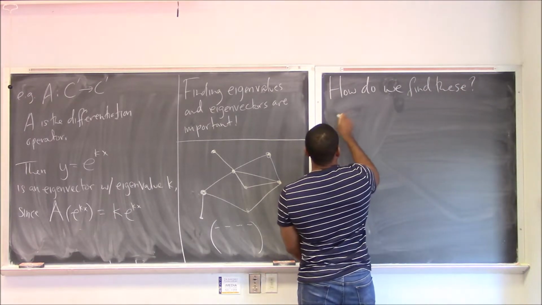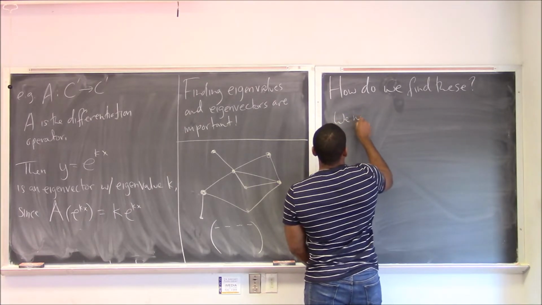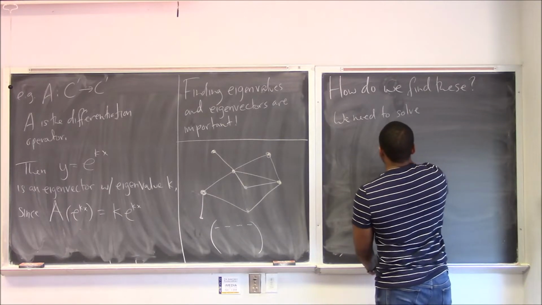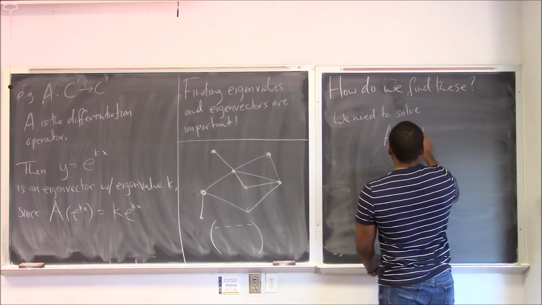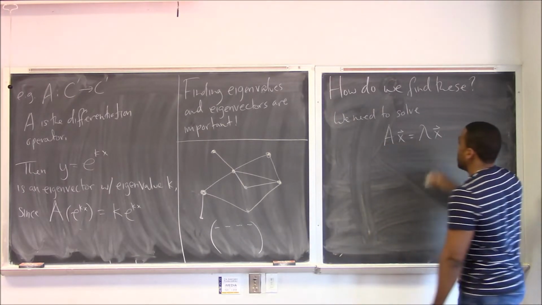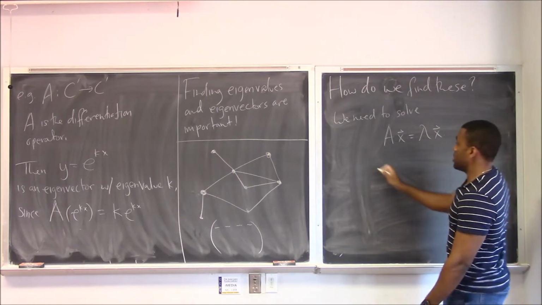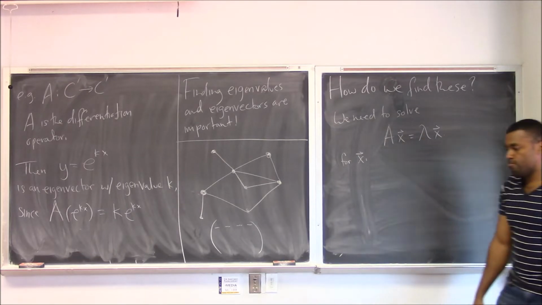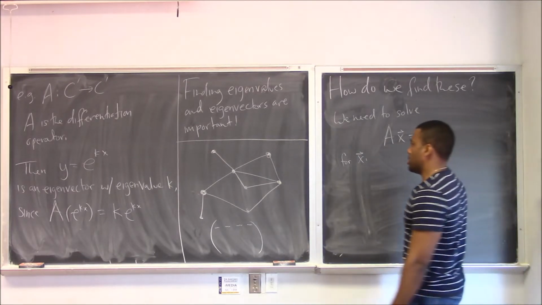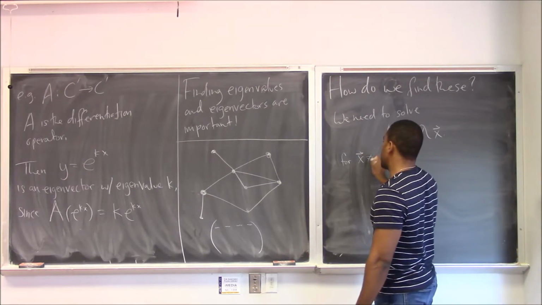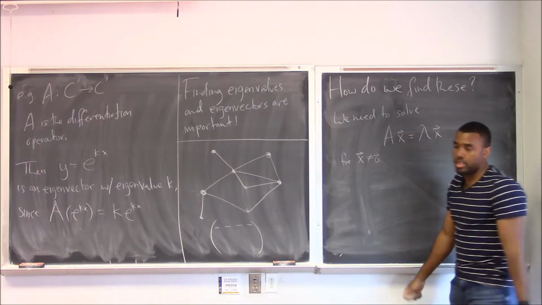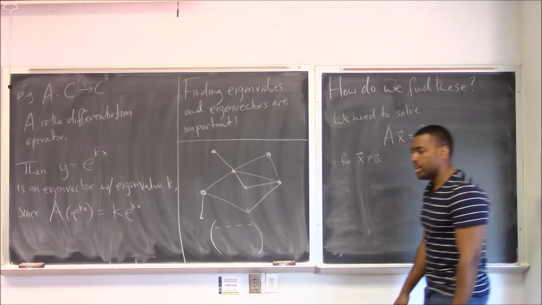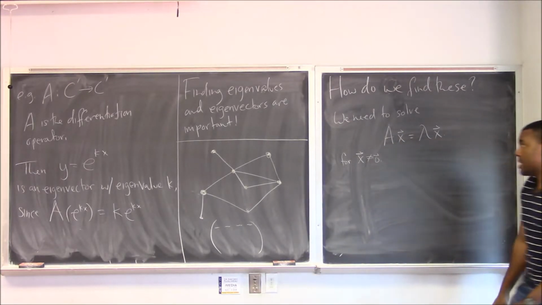So basically, we need to solve, I want to know what vector x's solve this equation. We need to solve this for x. And I want my vector x to not be 0, because that will just be silly. Of course, the 0 vector is going to be scaled by any linear transformation. That's a trivial amount of information I don't need.